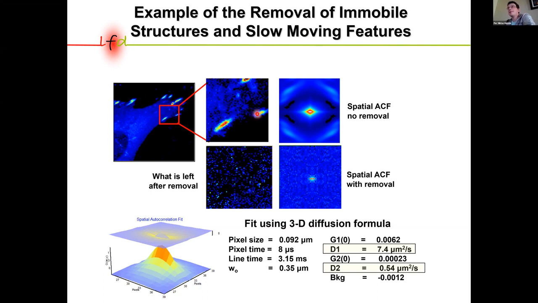Here you see the zoomed-in image, and then this was the calculation of the spatial autocorrelation function without removal of the immobile fraction. But when the immobile fraction is removed, you see the adhesions disappear, because at least in this current state, there was no dynamics going on.